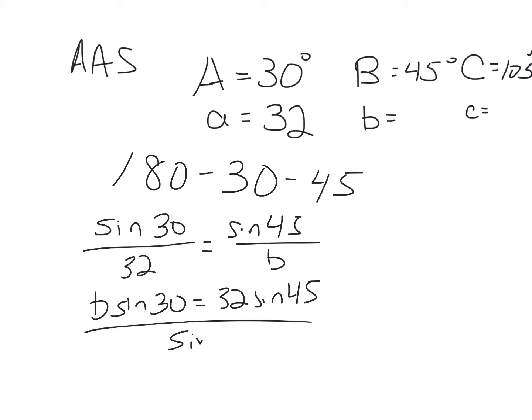Divide both sides by sine 30. When you put this in your calculator, make sure to put parentheses around the 32 sine 45, just for the sake of order of operations, because you should do that first before you divide by sine 30. That will get us b equal to 45.25.